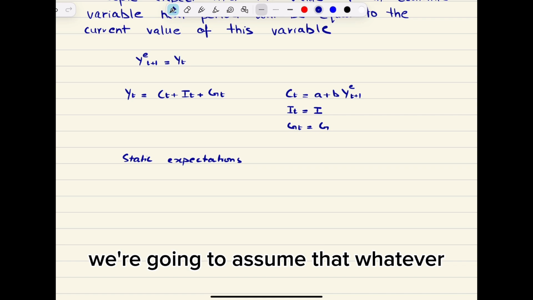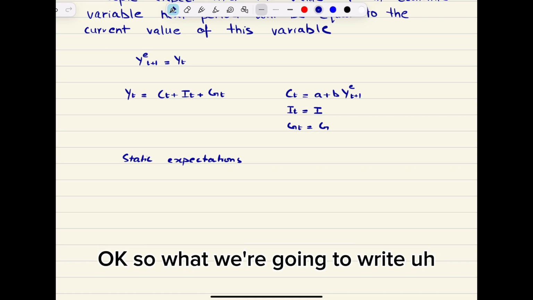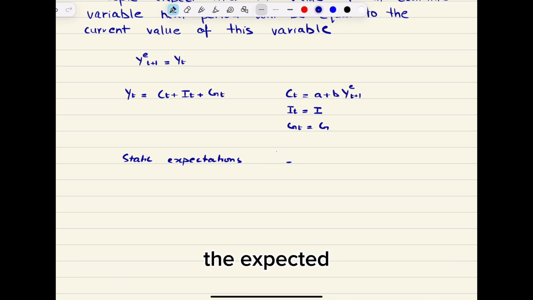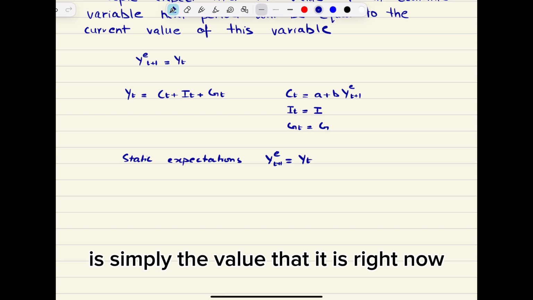Because we have static expectations, we're going to assume that whatever is true today is assumed to be true tomorrow. So what we're going to plug into our model is that the expected value of the variable in the next time period is simply the value that it is right now.